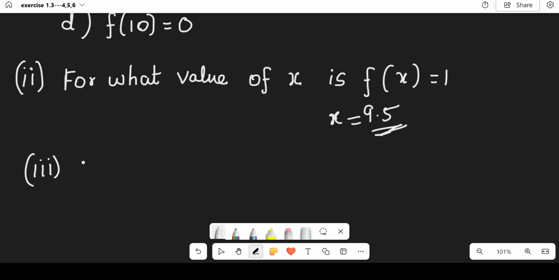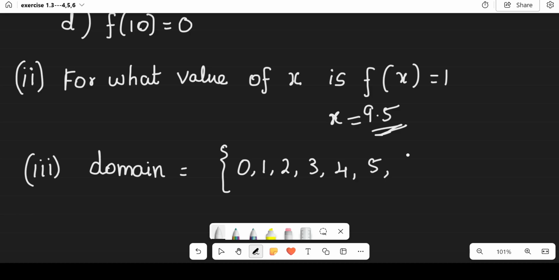Domain is equal to the set of, we should include all the elements inside the set bracket: 0, 1, 2, 3, 4, 5, 6, 7, 8, 9, 10. These are all the elements of the domain.